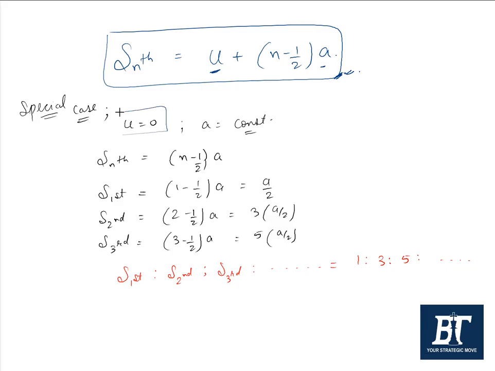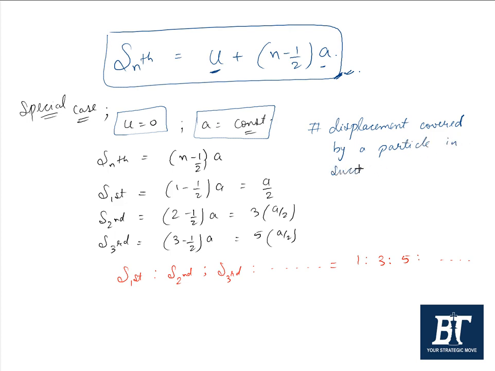So if initial velocity of object is 0 and acceleration is constant, then displacement covered by that particle in successive time intervals is in the ratio of odd numbers.